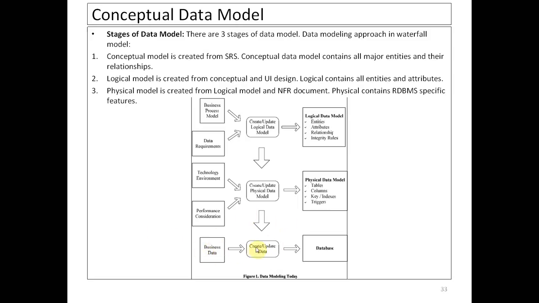So at the end, we have business data, created and updated by the various processes and stored inside the database. The physical model is highly influenced by the NFR document and by the technology which is used for implementation of the database.